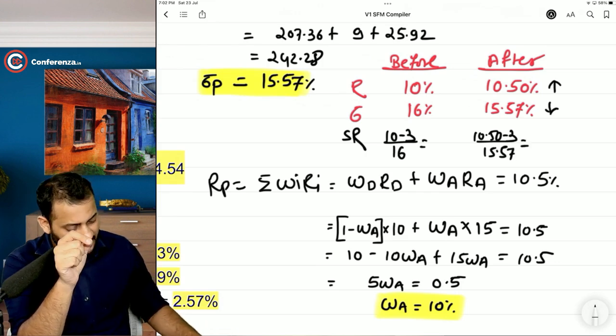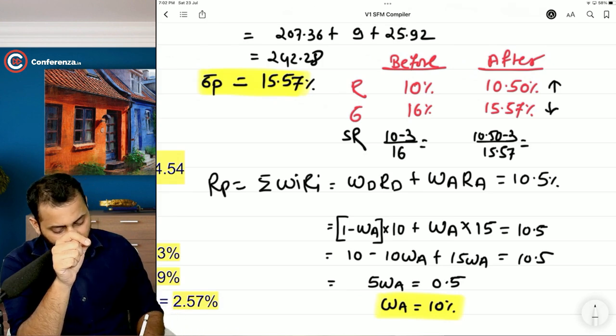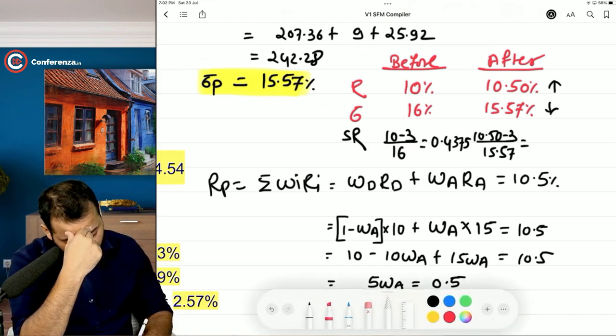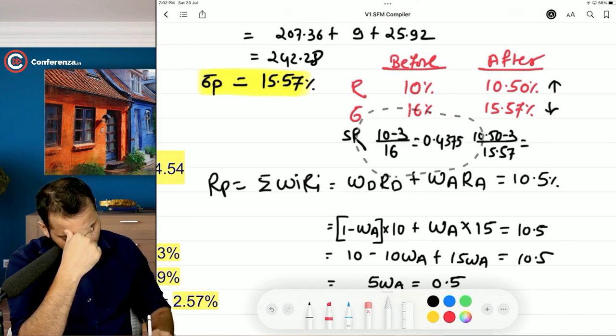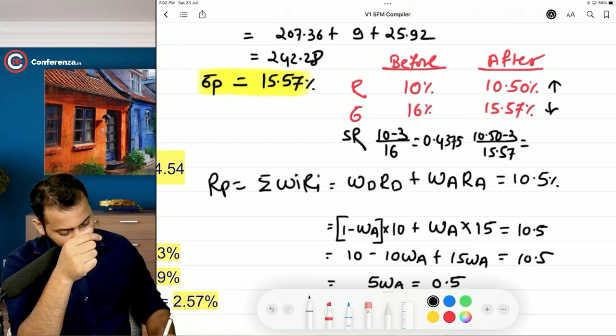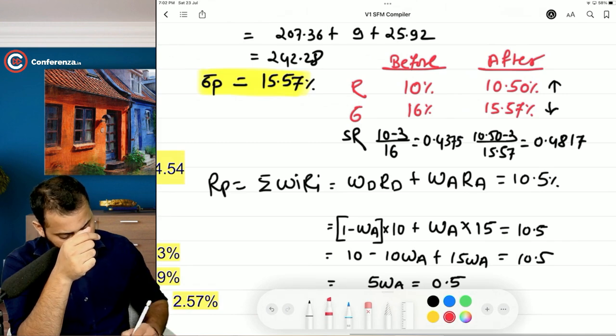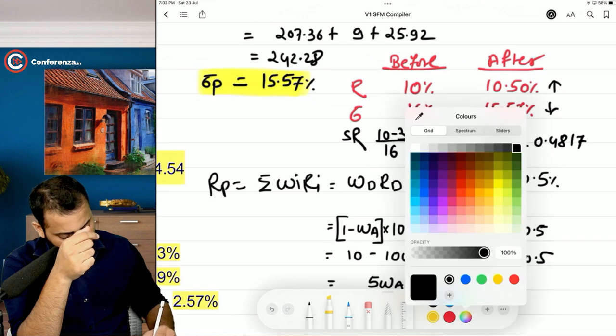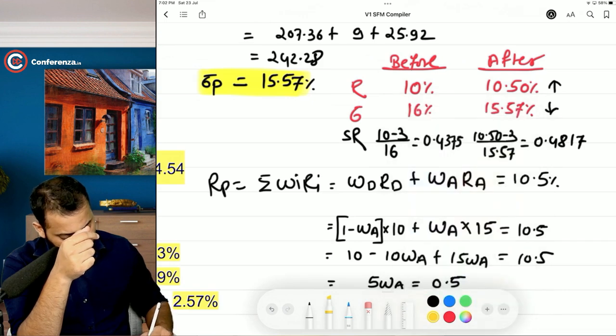Earlier, the Sharpe ratio was 0.4375. And now the Sharpe ratio is 0.4817. So you can clearly see there is an increase in the Sharpe ratio, which is a good sign.